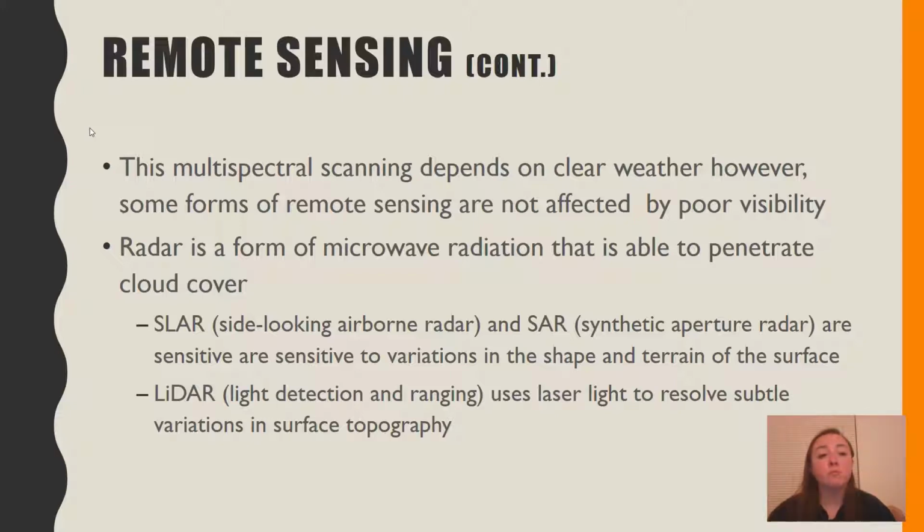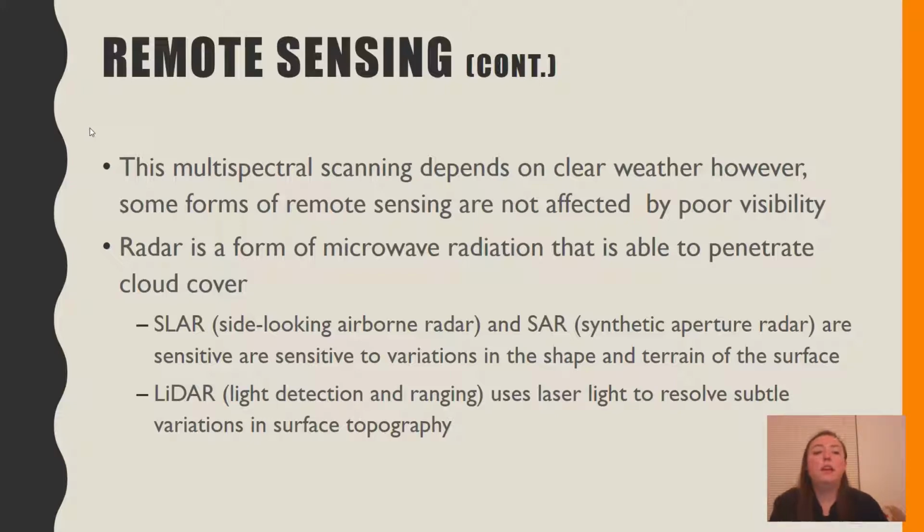There are other forms of radar, such as SLAR, which is side-looking airborne radar, and SAR, which is synthetic aperture radar. And these are sensitive to variations in the shape and terrain of the surface. So unfortunately, this picks up too many particles and can sometimes leave the terrain itself not looking the way it should.